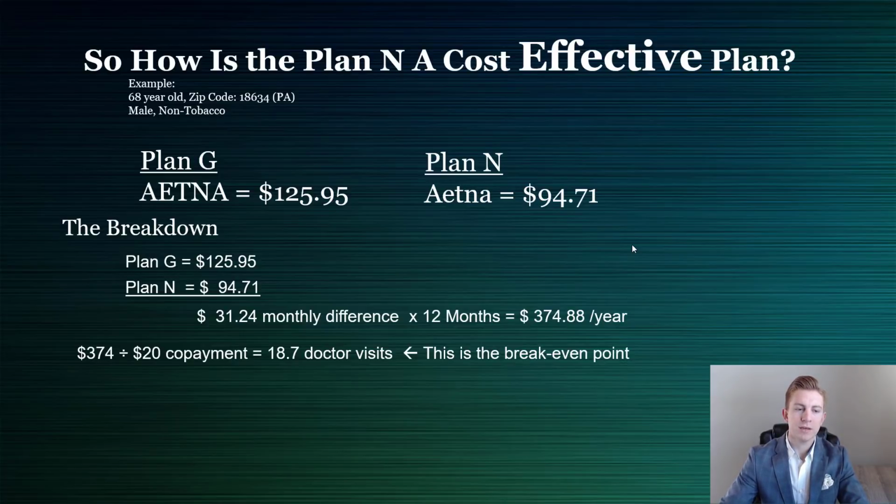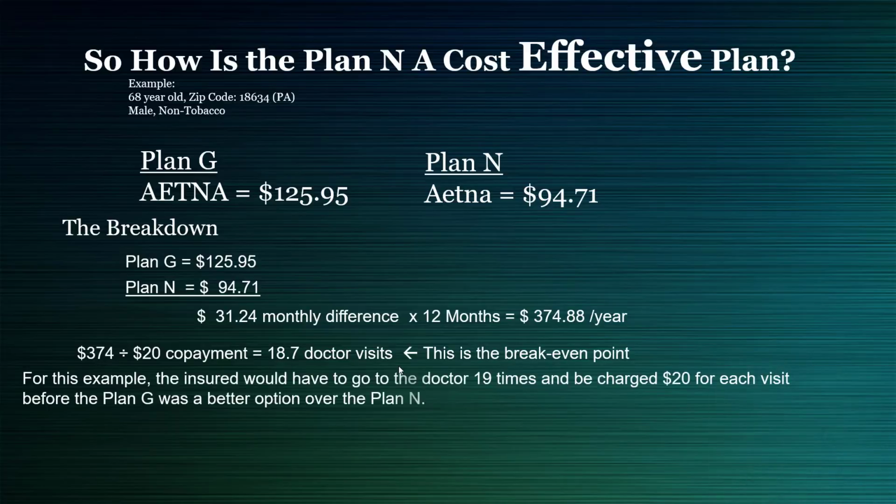That gives us a break-even point of taking that annual savings divided by what would be a $20 copay for the visit, 18.7 doctor visits. This is your break-even point, rounded up to 19.